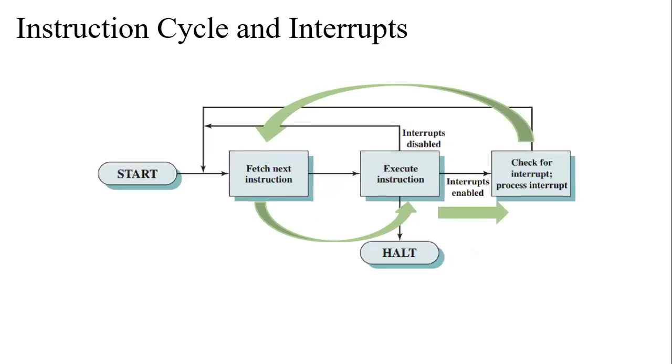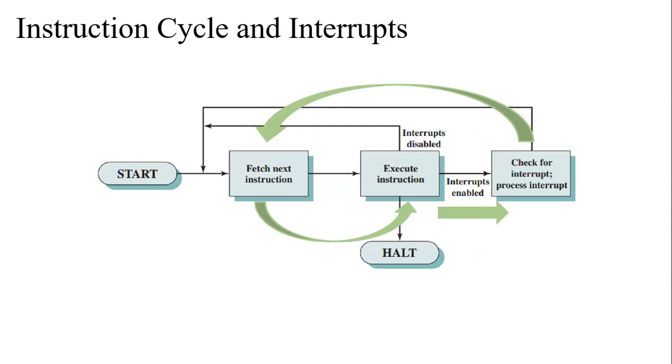However, when there are interrupts, once you finish execution of a particular instruction, the processor will check if there are interrupts which are received already. If there are interrupts, it will go and execute the interrupt service routine, or serve the interrupt.